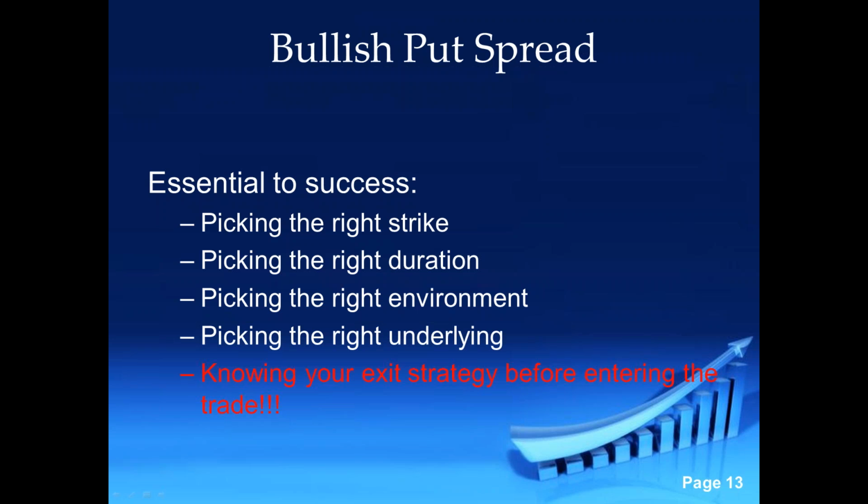But I'm going to play the probabilities. And sure, the probabilities are going to bite me every once in a while, but I know that my probabilities of success are 65% or more. And the way that I get out of this at 50% of max profit, I've increased that probability even more. So it's about an 80% probability of success by getting out early.